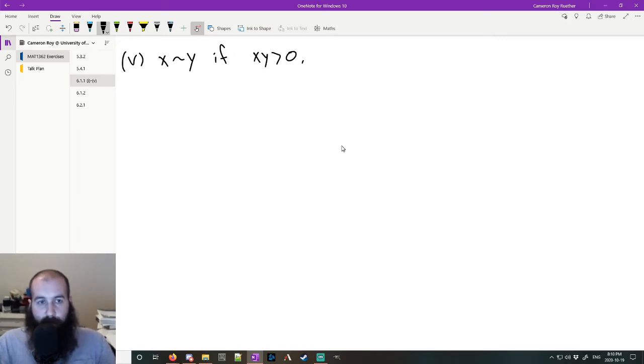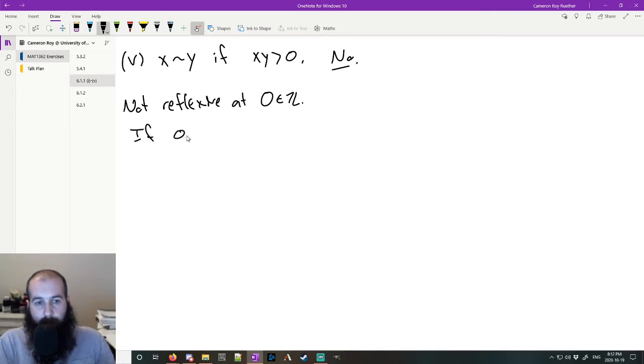For part 5, the relation is defined in terms of x being related to y if x times y is greater than 0. And the answer is no, this is not an equivalence relation. It's reflexive at all elements except at 0. So not reflexive at 0. And we can see that by the following.